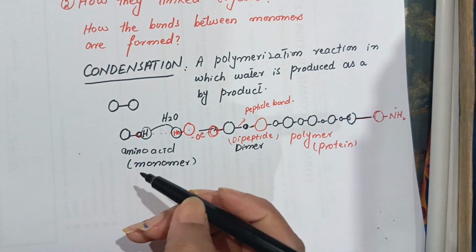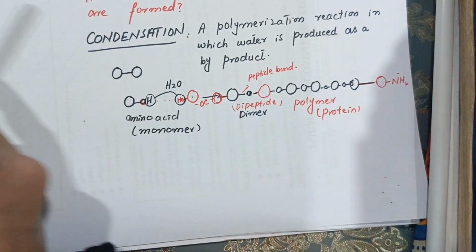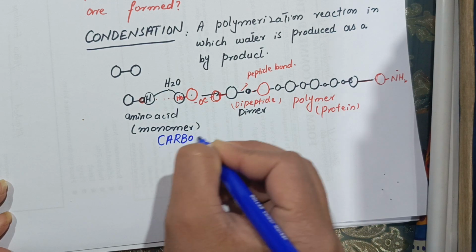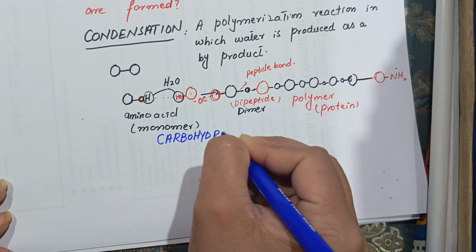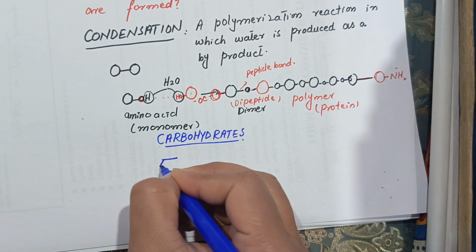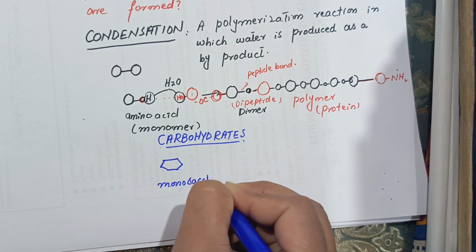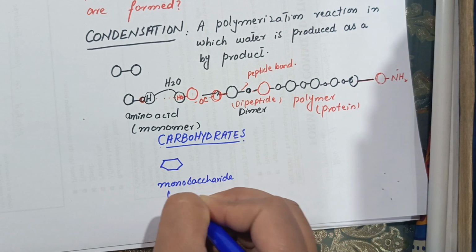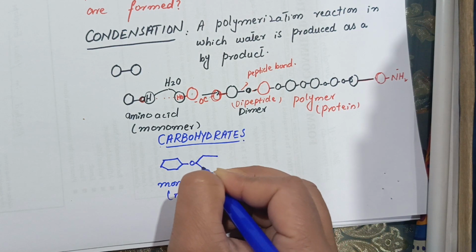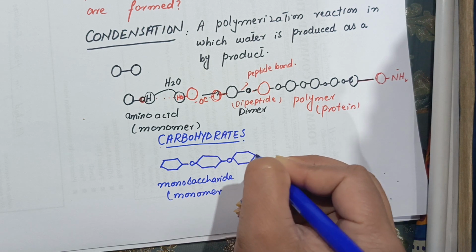Next, we have discussed the example of proteins. Same like this, if we take the example of carbohydrates, the monomer will be the monosaccharide. It will get attached with another molecule of monosaccharide, and again with another molecule of monosaccharide.